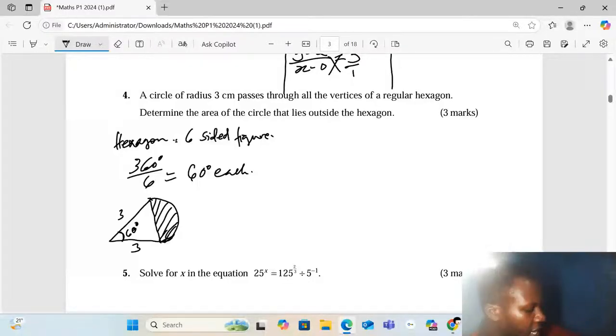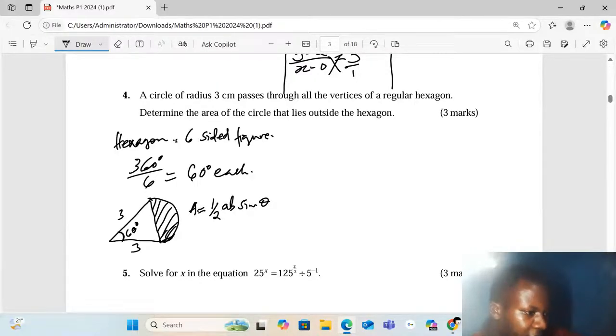We know that to get the area of this triangle, we can use the formula half AB sine theta. Find the area of the triangle alone. So that is half AB sine theta. But the area of the whole sector, we know, is theta over 360 pi r squared.